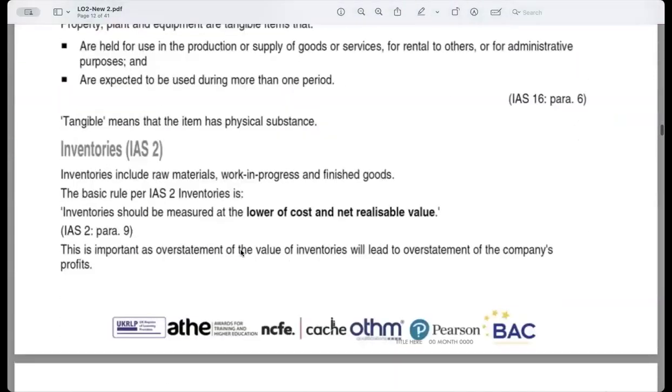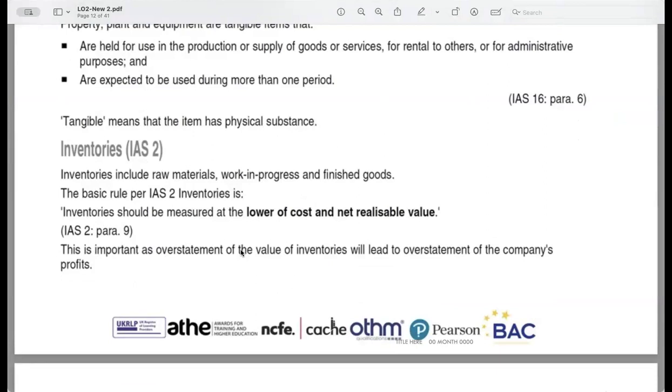IAS 2, inventories. IAS 2 provides guidance on the accounting treatment for inventories, which includes raw materials, work in progress, and finished goods. According to IAS 2, inventories should be measured at the lower of cost and net realizable value.